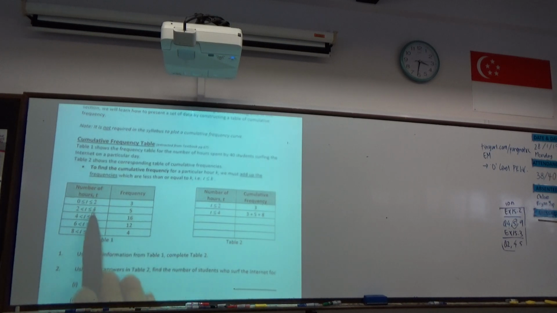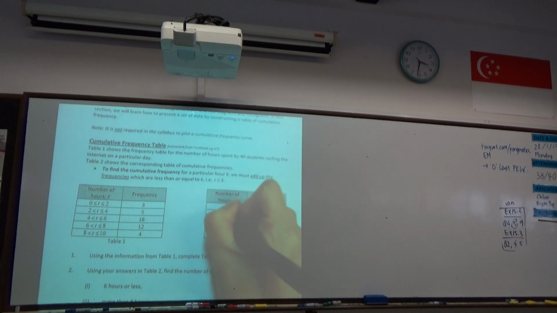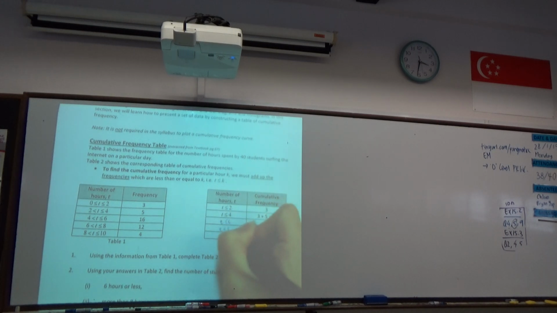Less than or equal to 4 means it includes these 3 people and these 5 people. Then the next intervals are t less than or equal to 6, t less than or equal to 8, and t less than or equal to 10. Essentially, we are looking at the upper boundary of the intervals.